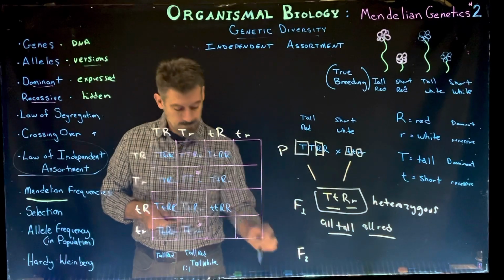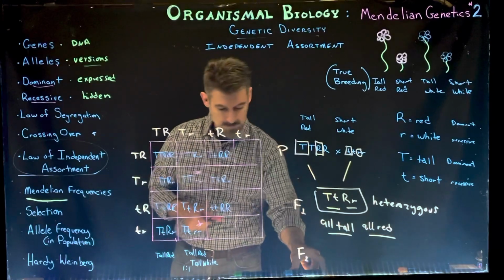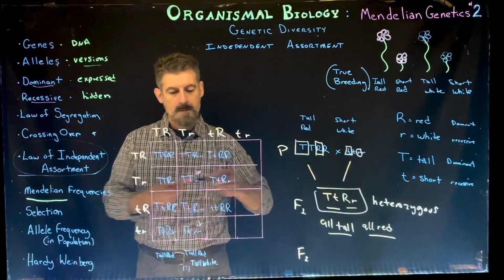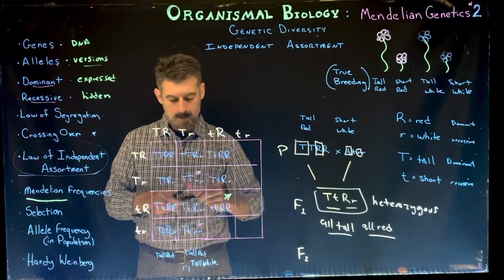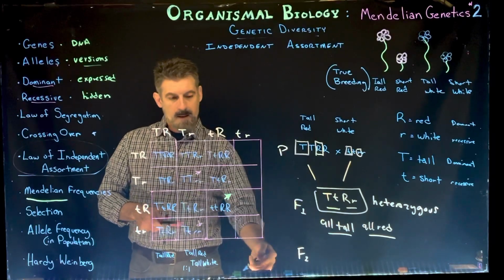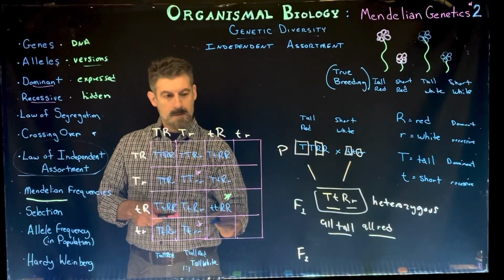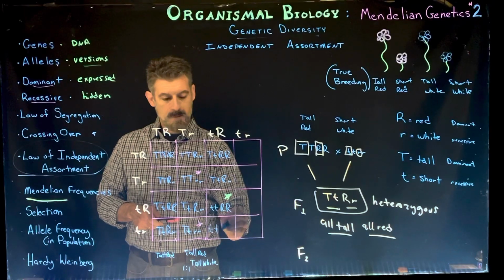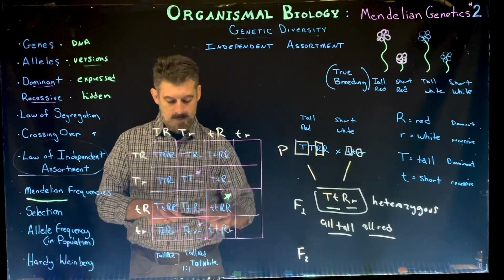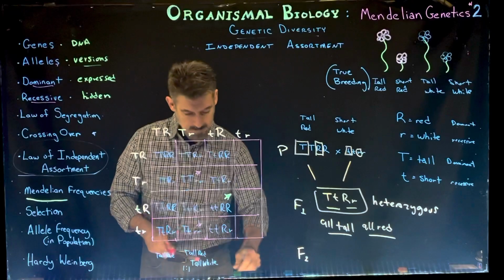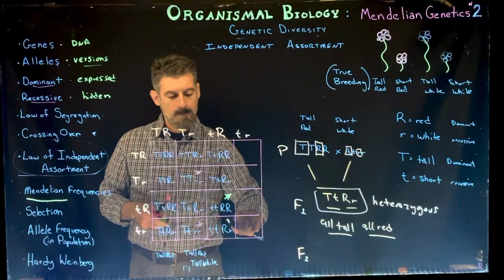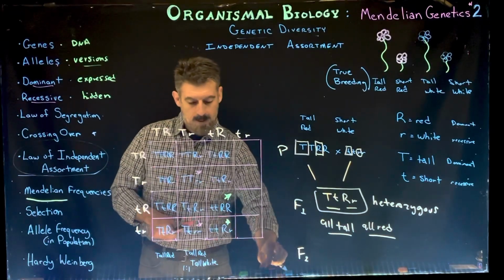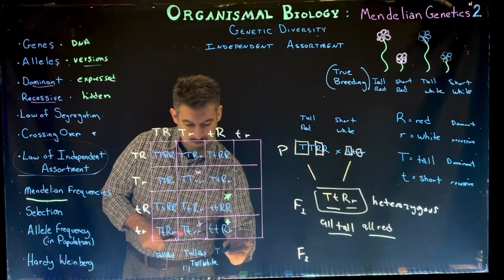Keep moving along. So again, tall red, again tall red, and now we see the first short one here, short and red. And I think I have another color here. And then we have, again, short and red. So another one here. Drop that down. So, still tall reds in this group.